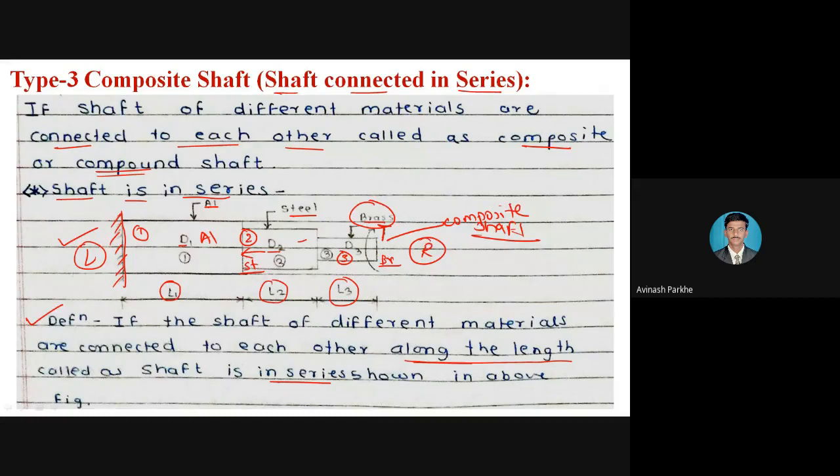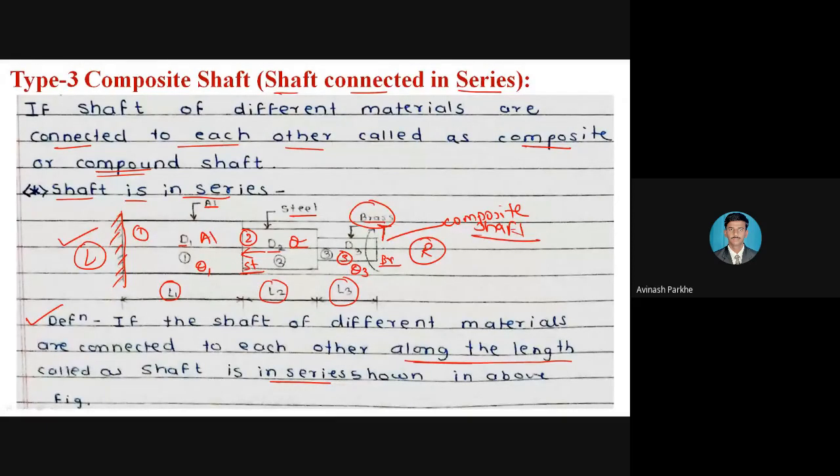Please keep in mind, due to the torque applied at the free end, the twist angles, theta 1 of shaft number 1, theta 2 of shaft number 2, and theta 3 of shaft number 3, will not remain the same. Only the torque remains the same for shaft number 1, 2, and 3. But due to the single torque, the twisting that takes place will be different in shaft number 1, shaft number 2, and shaft number 3.